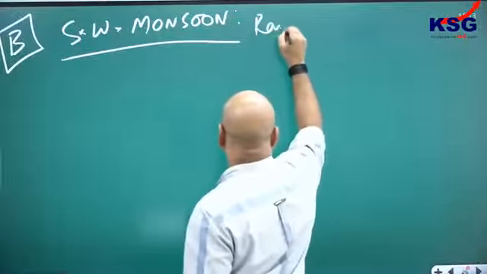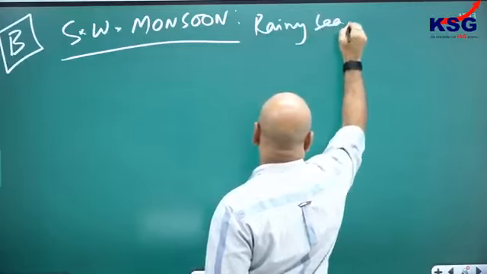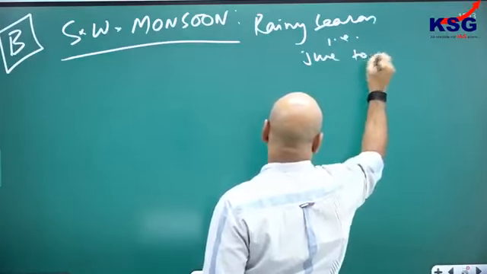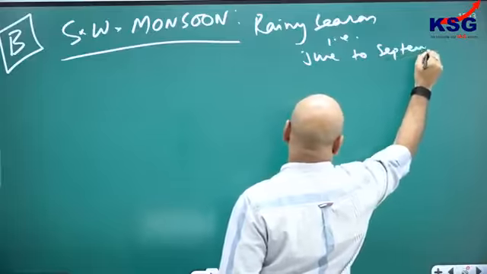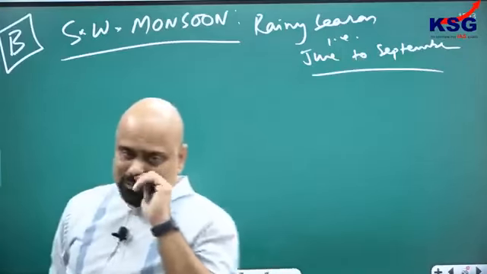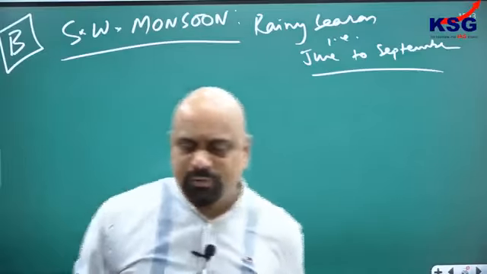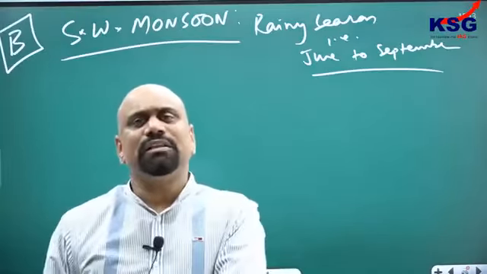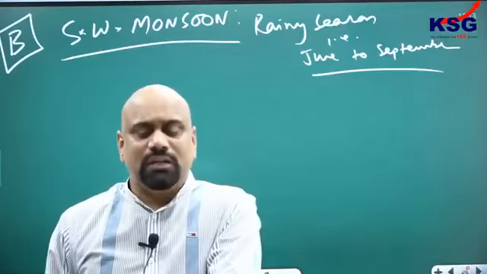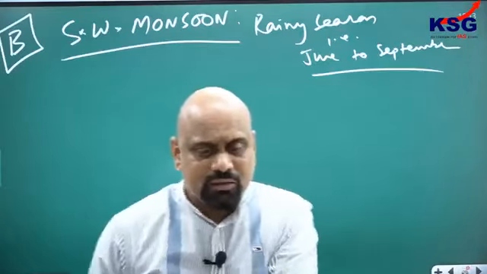Otherwise called the rainy season in India, that is June to September. This is a rainy season. Southwest monsoon. Remember, during this time, low pressure condition develops over North India.